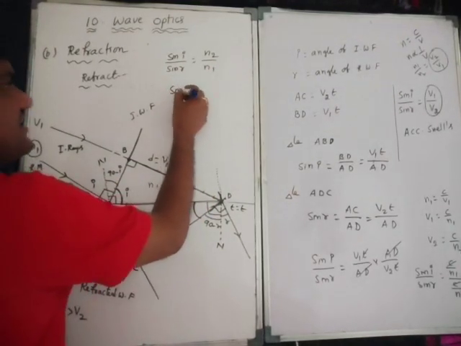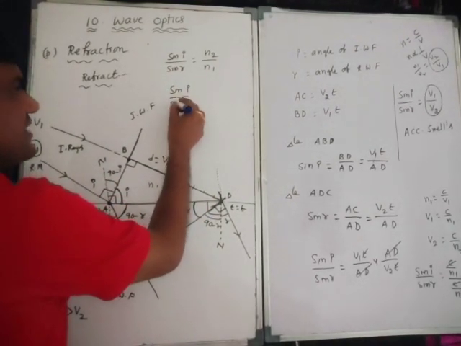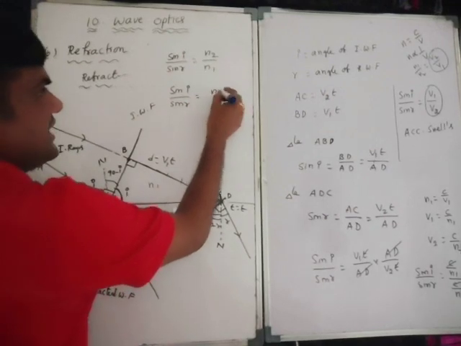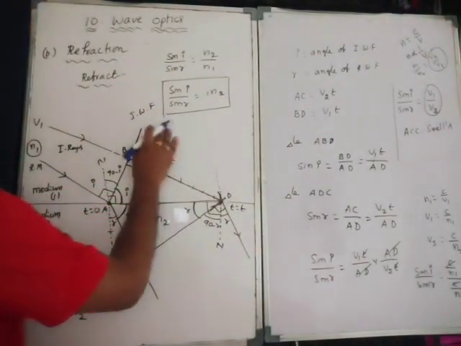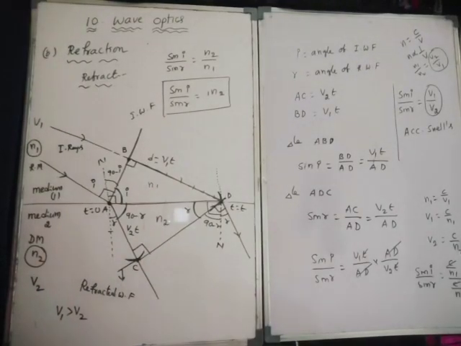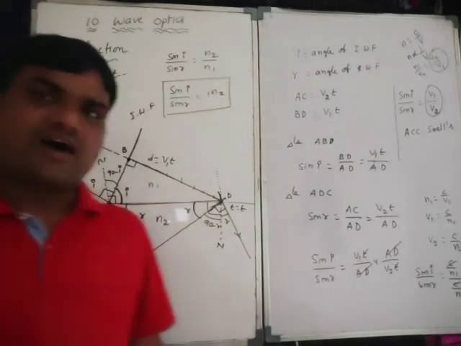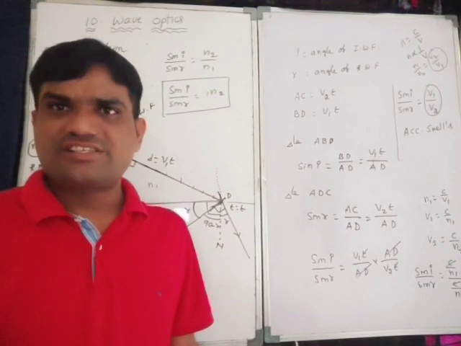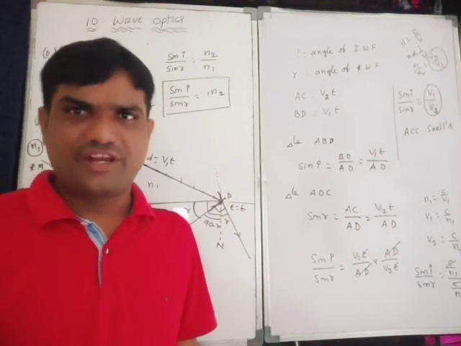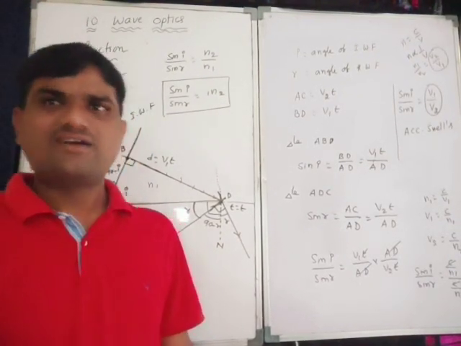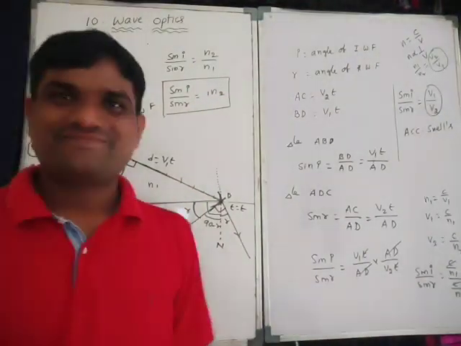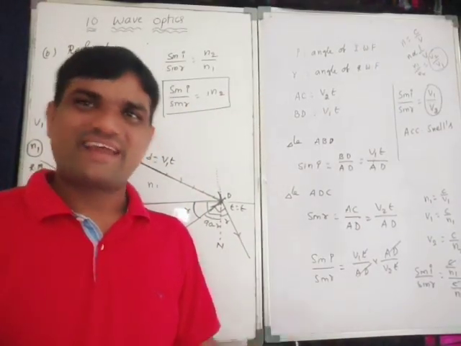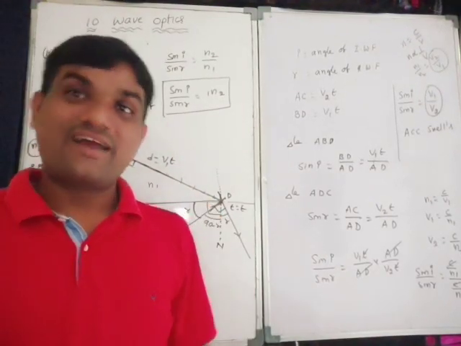So this is our Snell's law. The ratio of sine of angle of incidence to the sine of angle of refraction is equal to a constant, N21. This is the first law of refraction. Now the second law also.